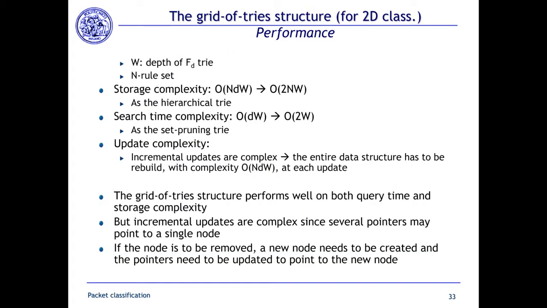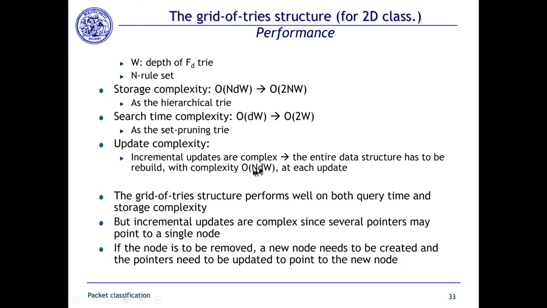In terms of storage complexity, we fall back to the storage complexity of the hierarchical trie, which is very low: it is n by d by w. The search time complexity is the same as the set pruning trie. So in this case, you gain on both performance metrics.